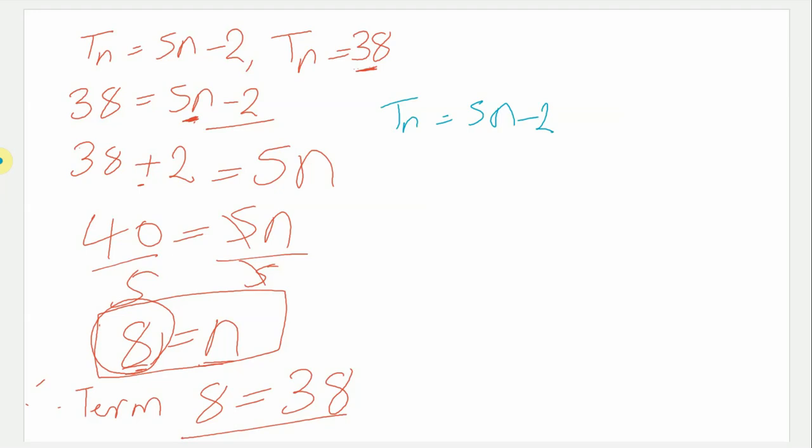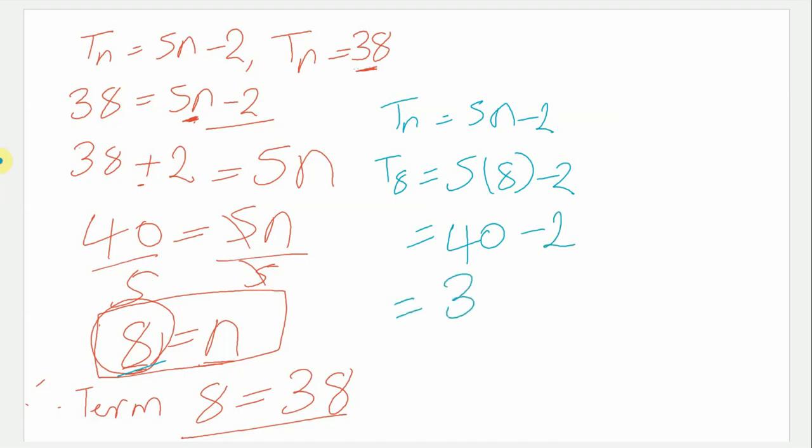I take the value of n, which is T8, which is 5 into 8 minus 2. 5 multiplied by 8 is 40, minus 2. I can see that 40 minus 2 is 38. So indeed term number 8 is equal to 38.